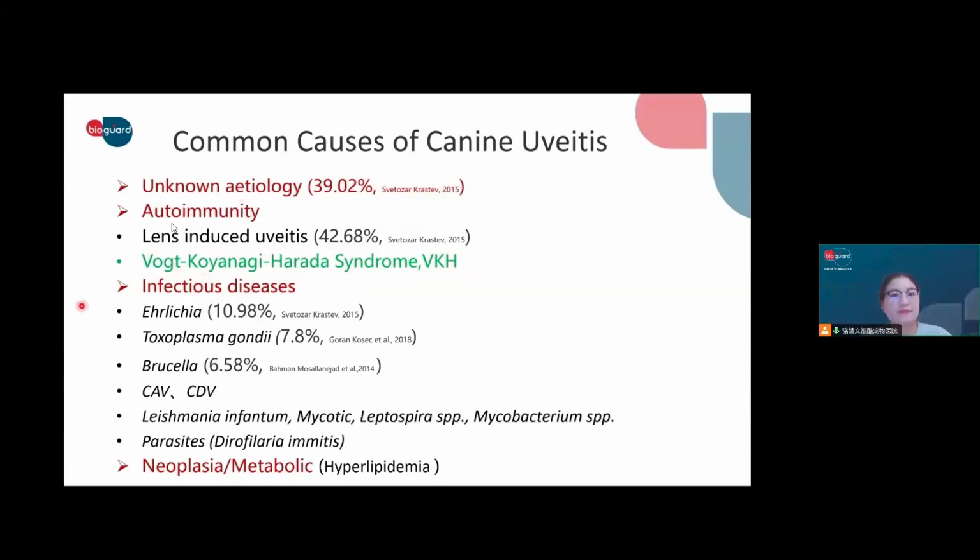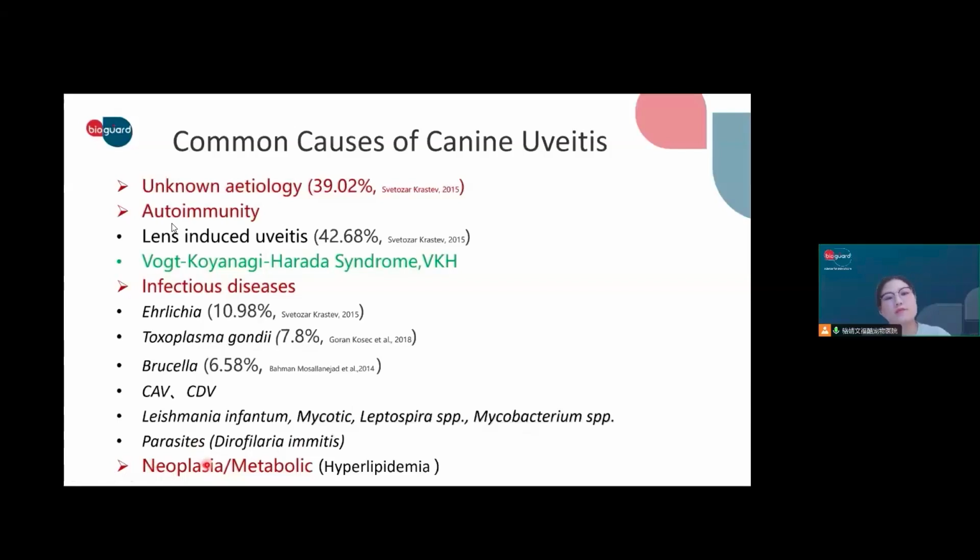As for the infectious diseases, the pathogens include Ehrlichia, Toxoplasma, Brucella, Canine adenovirus, Canine distemper virus, Leishmania, mycotic, leptospiral, mycobacterium, and parasites.